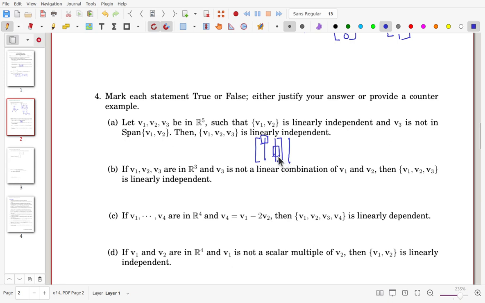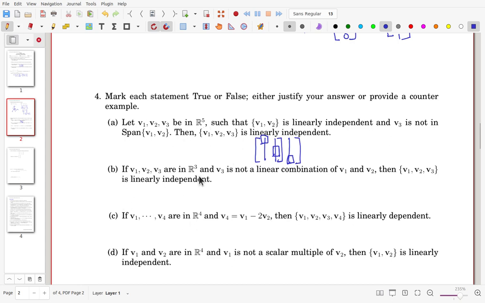That means now if you consider this one as a matrix, 3 columns, then it has another pivot here. That means 3 vectors are linearly independent. So it is true.